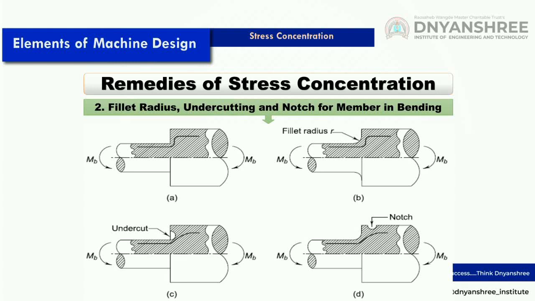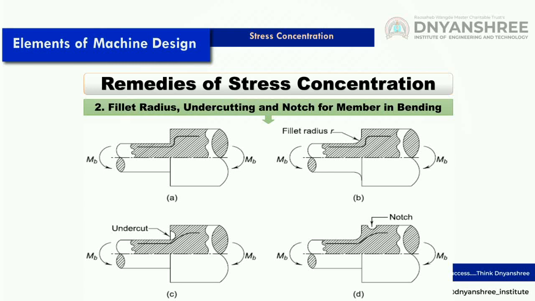Due to that, see the stress lines. We have to reduce the stress value at the corners. See in diagram B, there is a fillet radius. Due to that, the corner is avoided and the stress lines spread over the component, so that stress concentration is reduced.